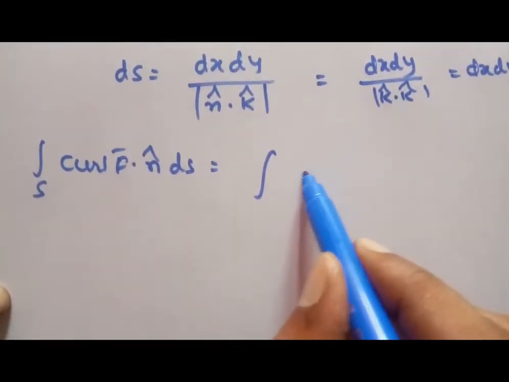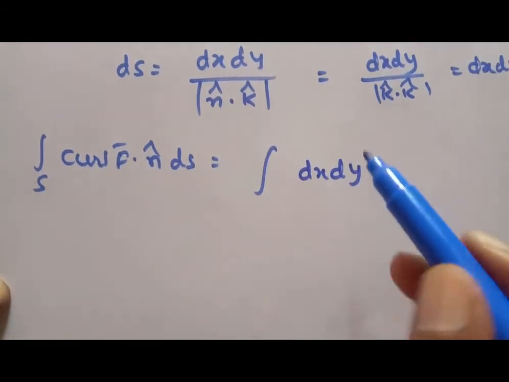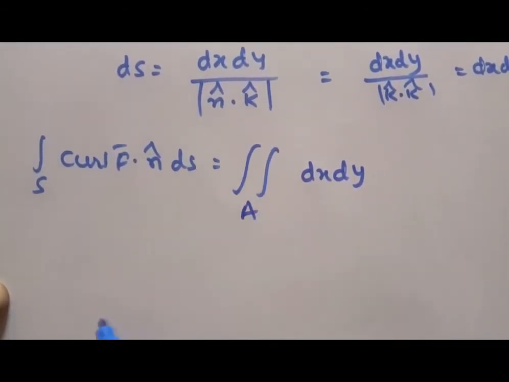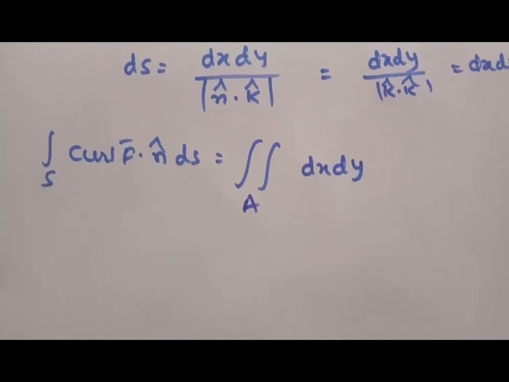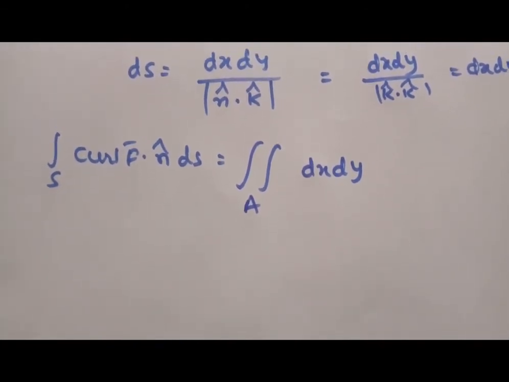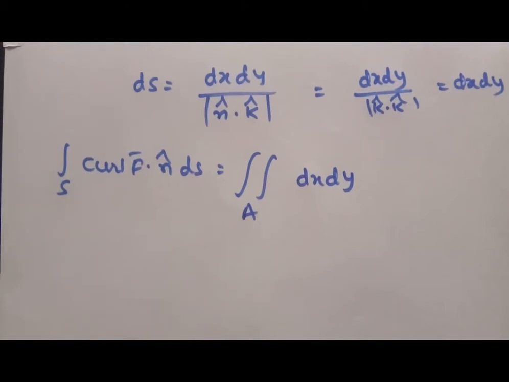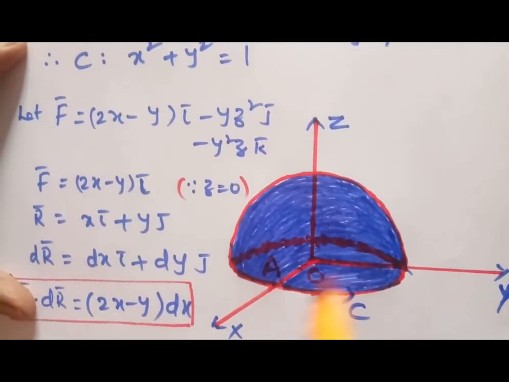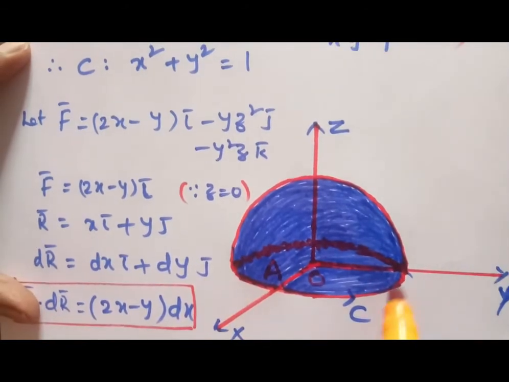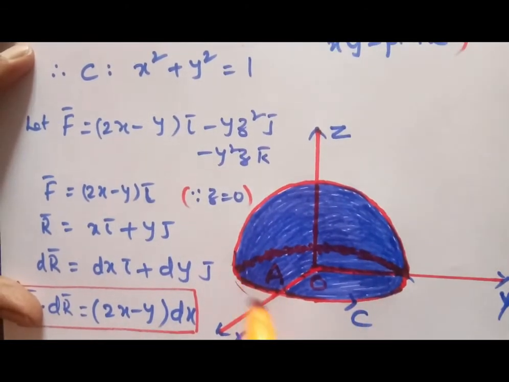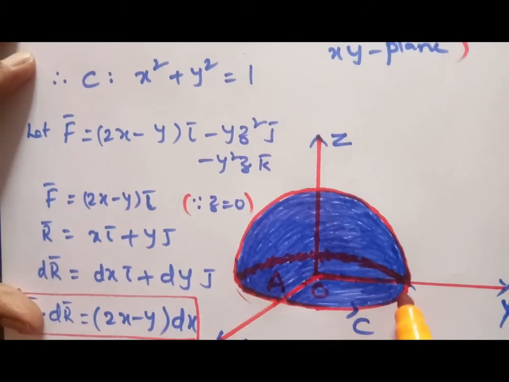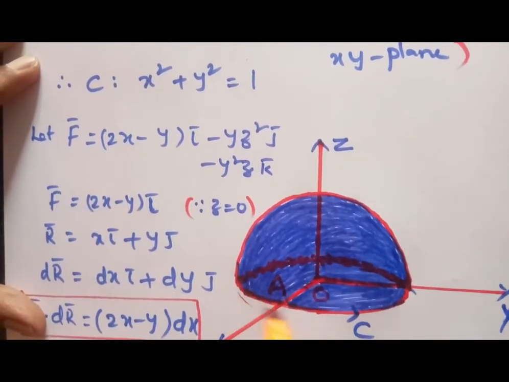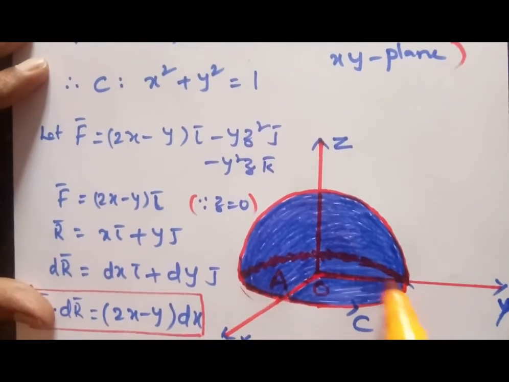Therefore it is the double integral dx dy over A, where A is the projection of S on the xy plane. This is the circle, so this is the area of the circle lying in the xy plane.